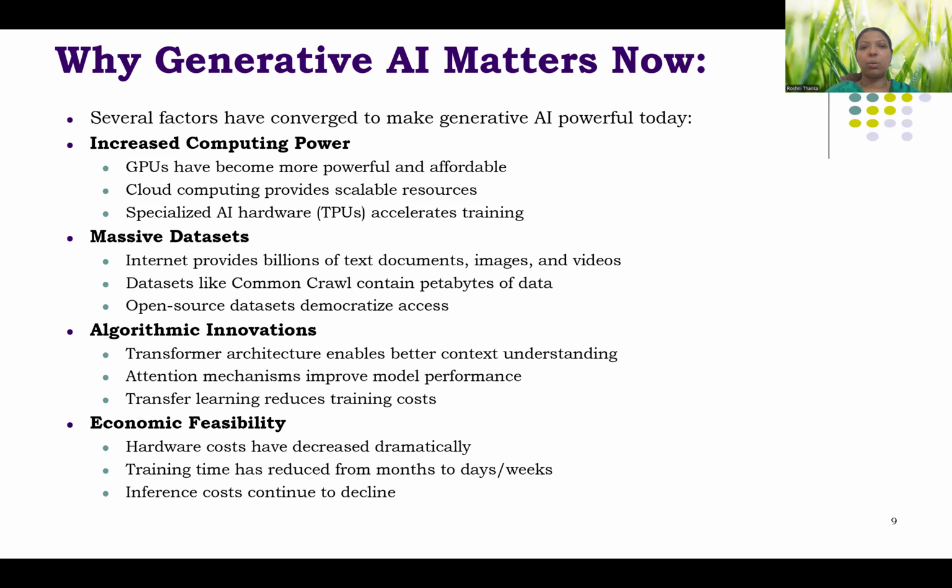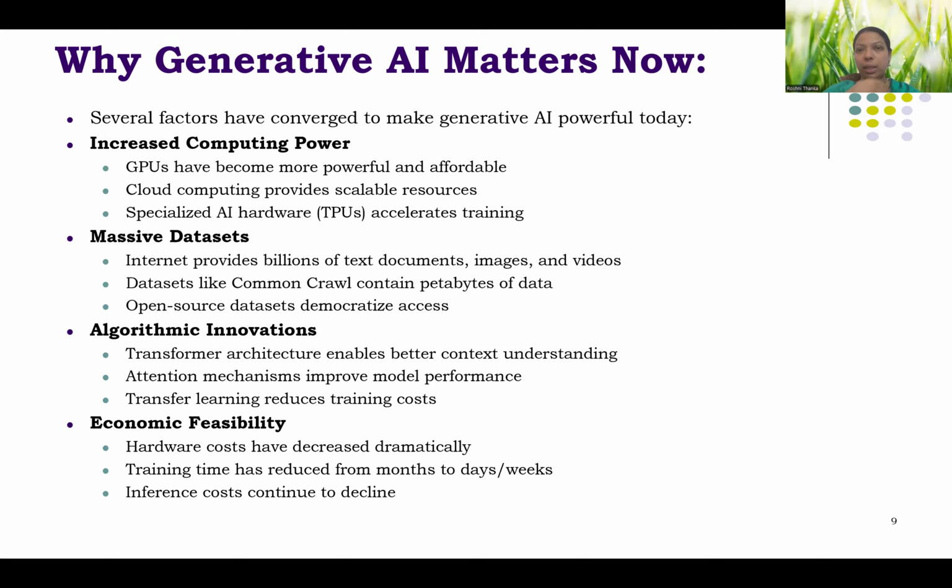Transfer learning is also a factor, because of it we are able to change only the required part. We can already use the trained model which is already available. And then the economic feasibility: since the hardware cost has been reduced drastically, we can use generative AI in a much better way, and the training time is reduced.